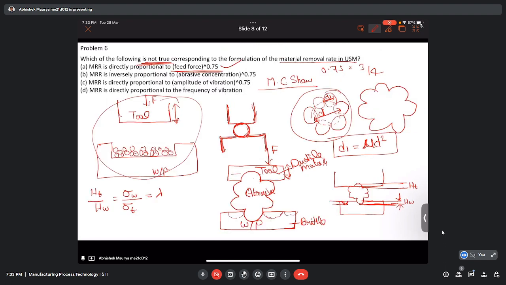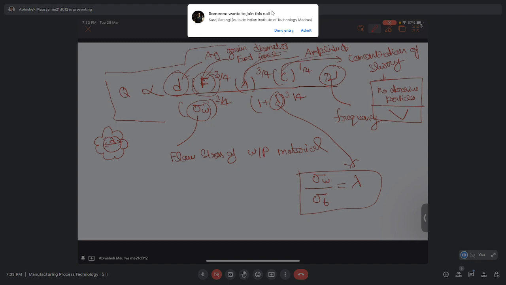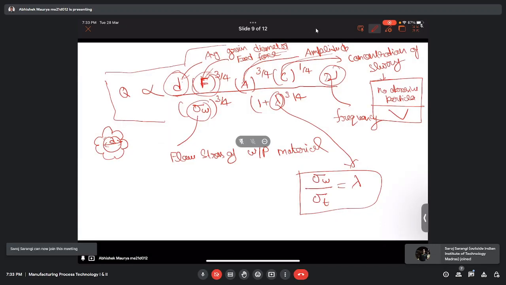Now next, MRR is inversely proportional to abrasive concentration to the power 0.75. So where is the concentration term? The concentration term is here.